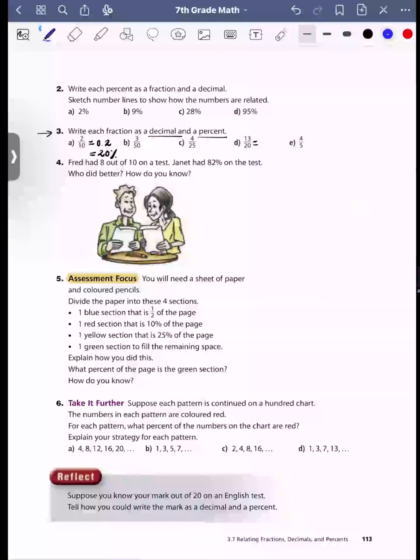So to make it into decimal, we need to multiply 5 for both numerator and denominator. So 13 times 5 over 20 times 5, which is going to give us 65 over 100. So in a decimal form, it's going to be 0.65, and in percent, it's going to be 65%. Great job.